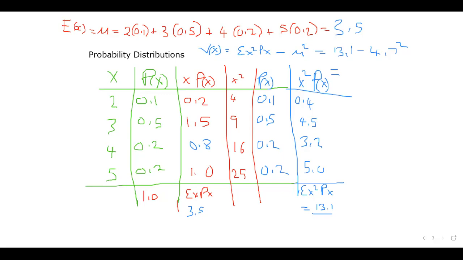So when we added in this column, we found the total that is showing there, 13.1. So we're going to subtract 3.5 squared from 13.1. The value we're going to get is the variance. So this is 13.1 minus 12.25.